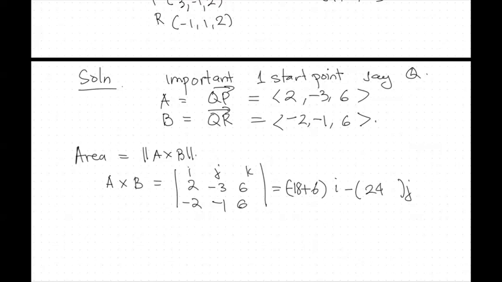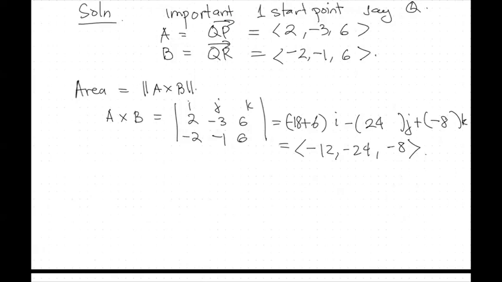For the k component we get -2 minus 6, so we get -2 minus 6 is -8. So this is just -12, -24, and -8.